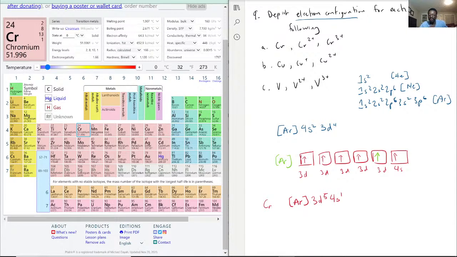Now let's think about this. What happens if we lose 2 electrons? It would most likely lose them from its outermost shell, and considering that the outermost shell is this, I'm going to use a pencil to cross it out. This will be the first one it loses, and then it'll lose one of these.